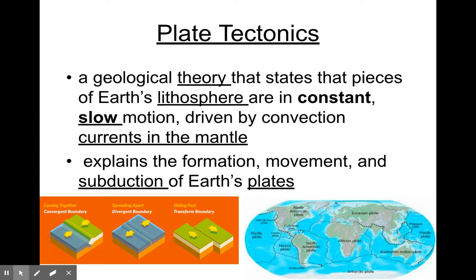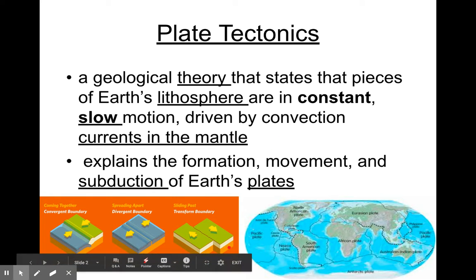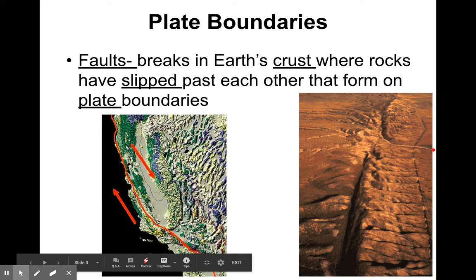He just knew that something seemed similar and that they were together at one point. He was right on that end, but he didn't know how they were moving. So this theory explains the formation, the movement, and the subducting of the Earth's plates. And then down at the bottom left, you can see the three examples that you will definitely need to understand: the convergent plate boundary, divergent boundary, and transform boundary. And we'll go into depth here in a moment.